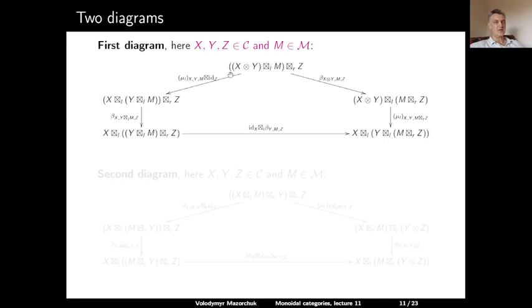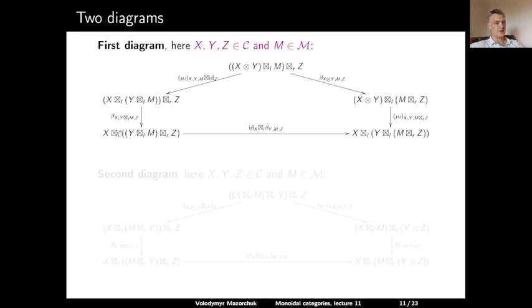Alternatively, we start from x tensor y acted on m, and then acted by z. We use mu to move the inner brackets to the right. We have x acted upon y acted upon m, and then on the whole thing we act by z. And here we use beta to move the outer brackets to the right.